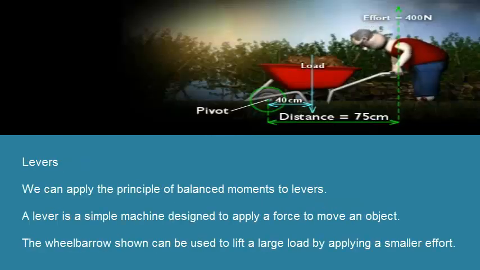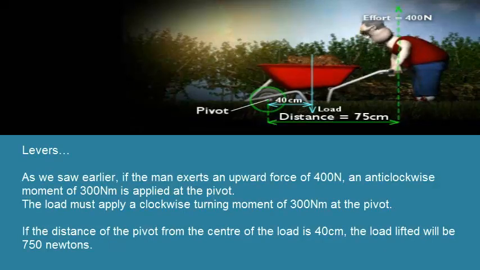Levers. We can apply the principle of balanced moments to levers. A lever is a simple machine designed to apply a force to move an object. The wheelbarrow shown can be used to lift a large load by applying a smaller effort.